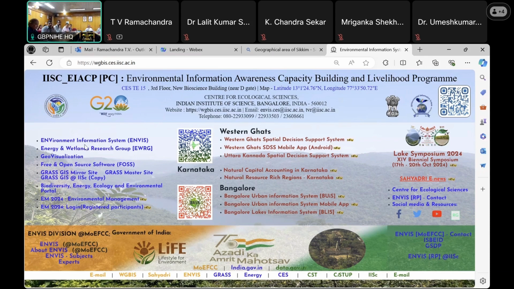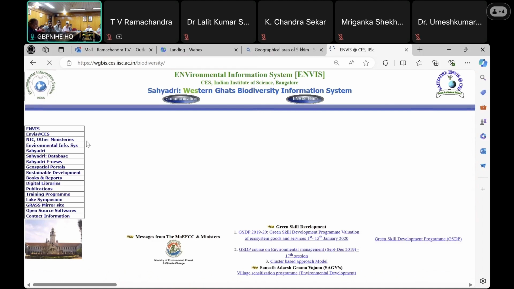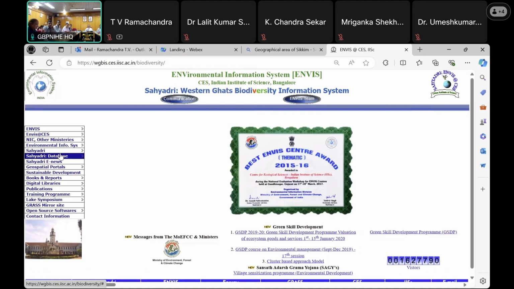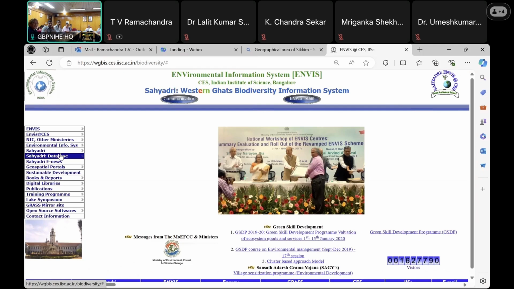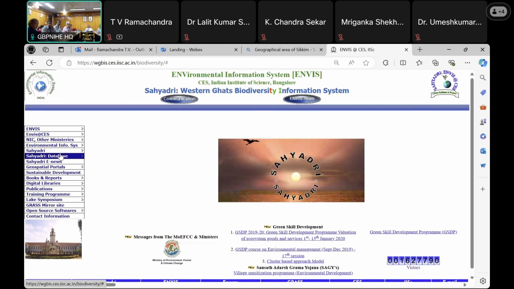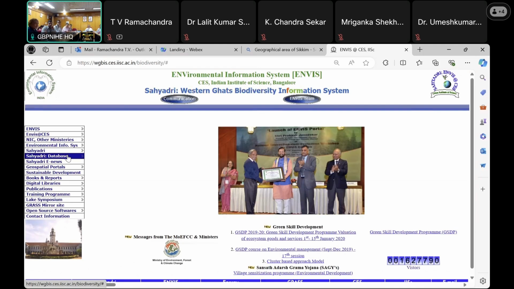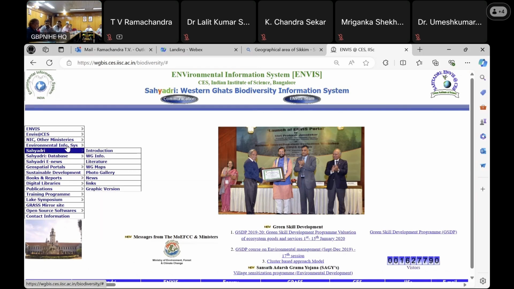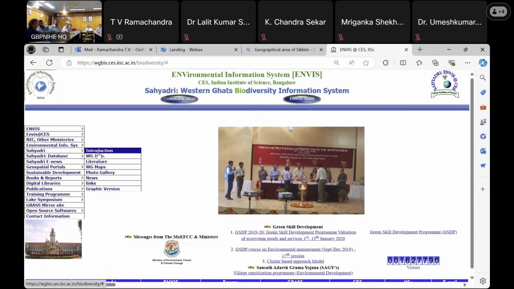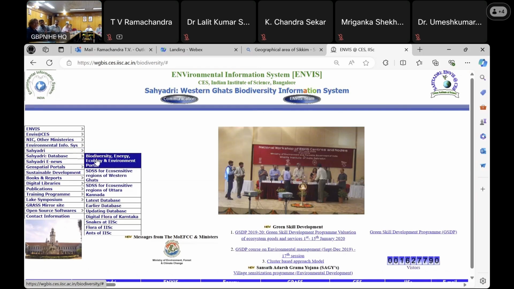So now, initially we started our journey with the flora and fauna database for the Western Ghats.